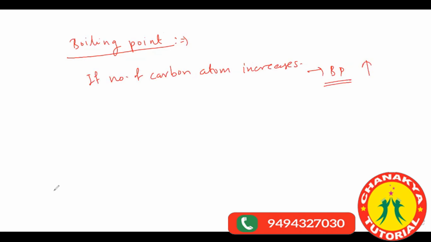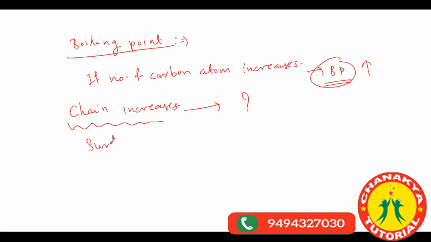Why is this? If the chain is longer, your boiling point increases. What is the reason behind it? As the chain or ring size increases, the number of carbon atoms increases, and it increases the surface area.